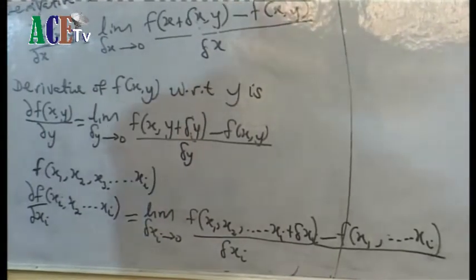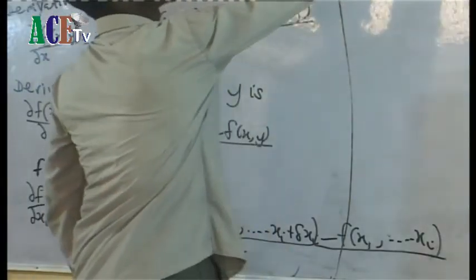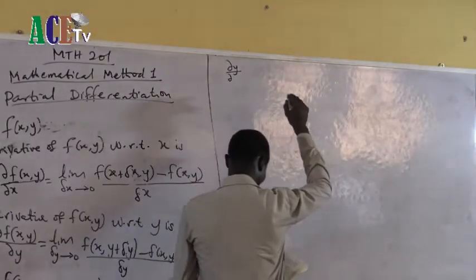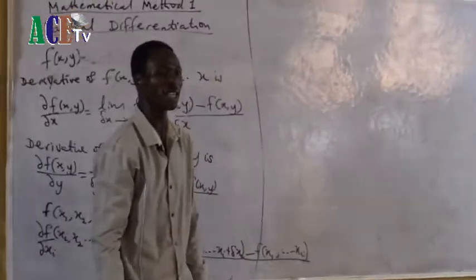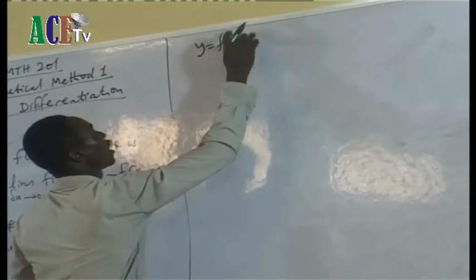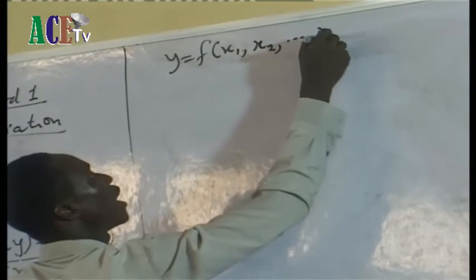Now let us consider some notations. What are the ways by which we can write the y? Before I define it, if I have my y to be equal to f of x1, x2 to xi, yes, if that is my y, now y comprises many x.